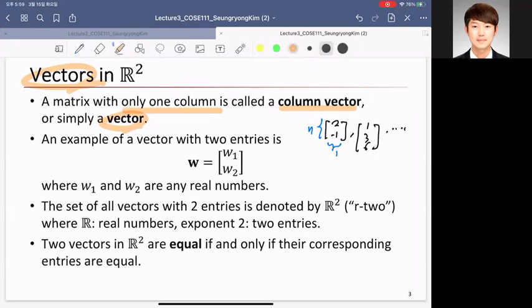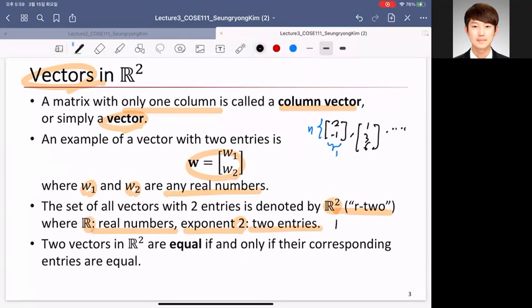An example of a vector with 2 entries is w equal to (w1, w2), where w1 and w2 are any real numbers. From now on, the set of all vectors with 2 entries is denoted by R2, where R means real numbers and the exponent 2 is the number of entries.